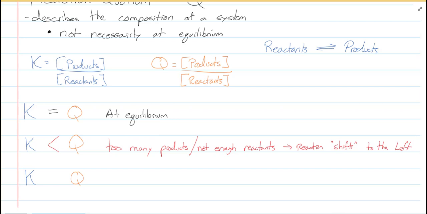Conversely, if Q is less than K, so K is bigger than Q, it's the exact opposite. Not enough products or too many reactants.